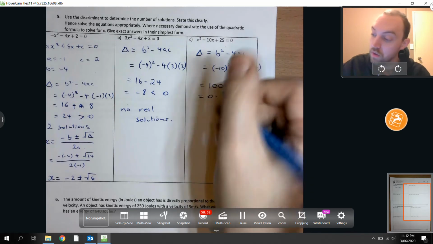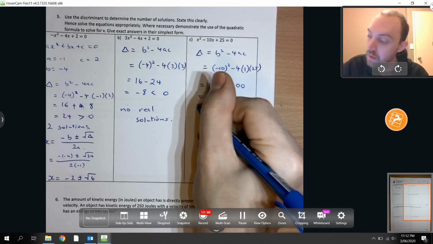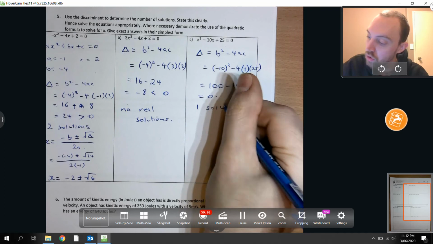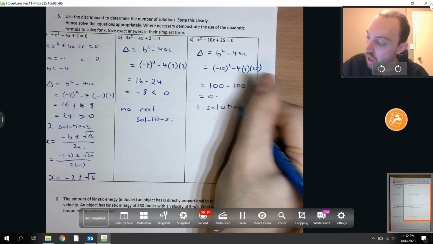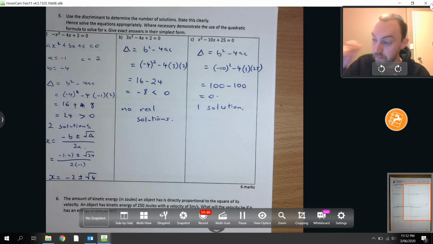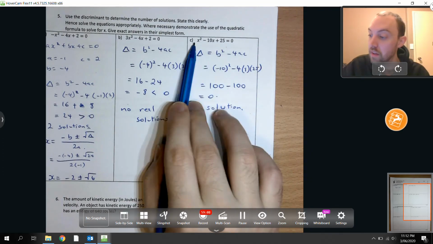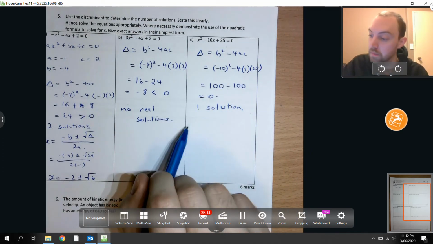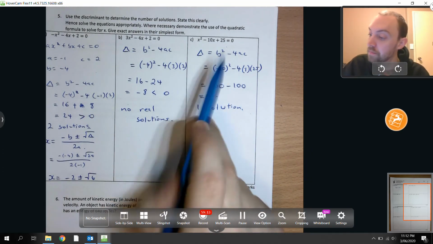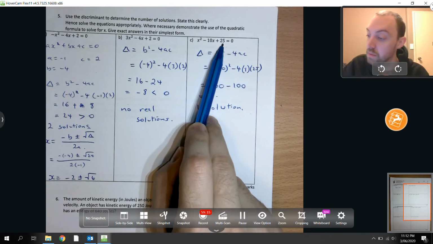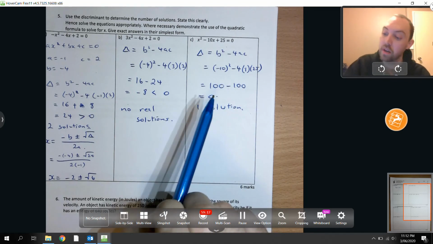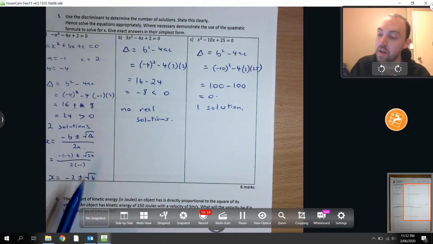If it's equal to 0, then we have one solution. It also means that this is factorizable, and because it is factorizable, that might be the easiest solution, but if you are stuck with that, the quadratic formula would still work.